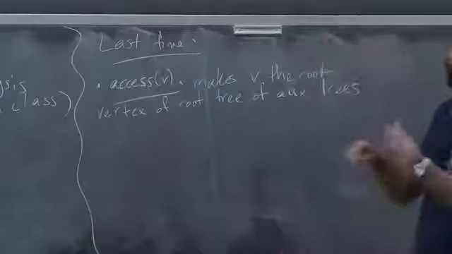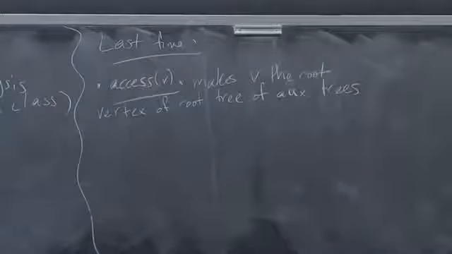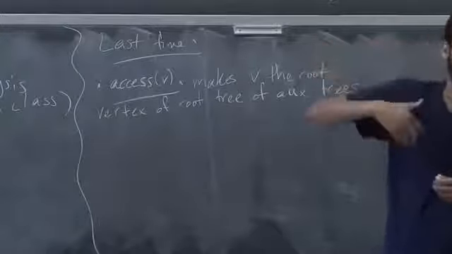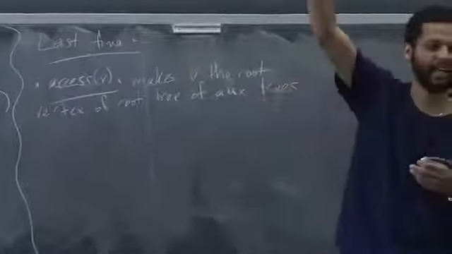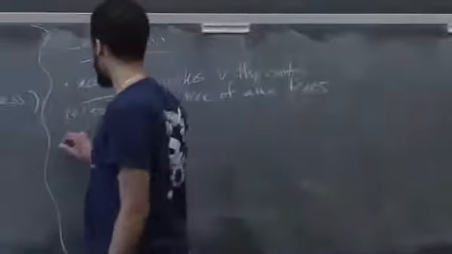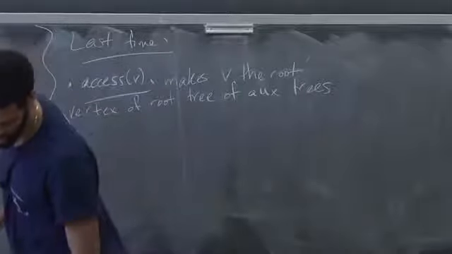It did this by repeatedly splaying v and then connecting it to its path parent, and then splaying again to make it the root of that. It just kept splaying it upward. If people remember this.